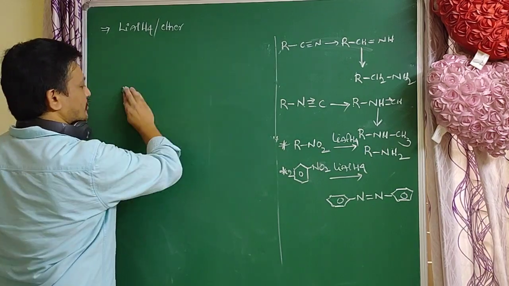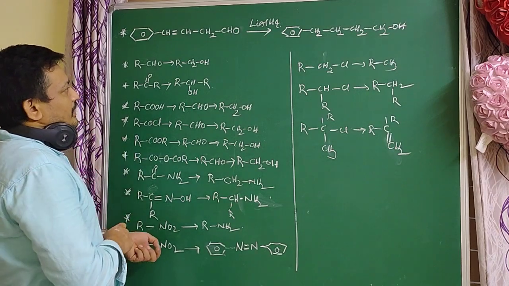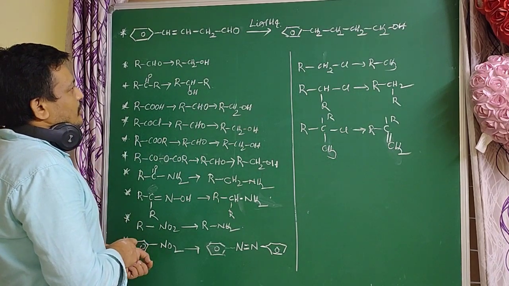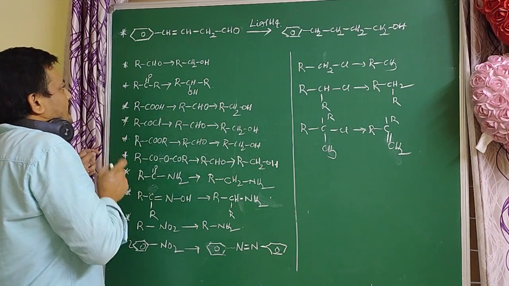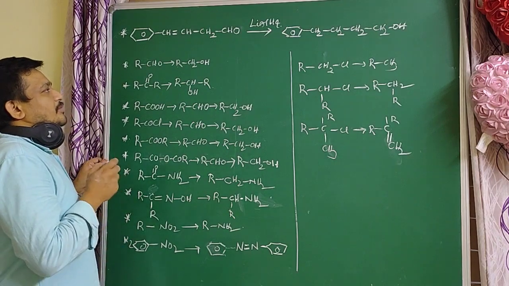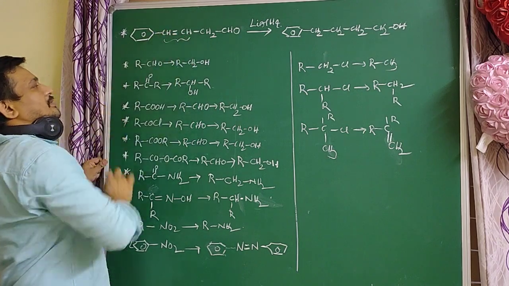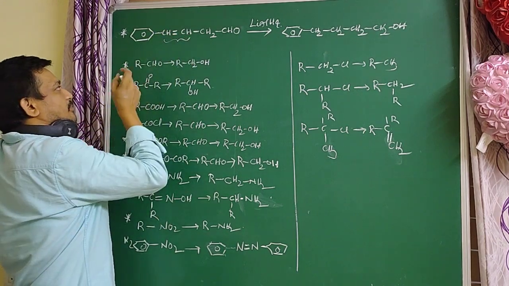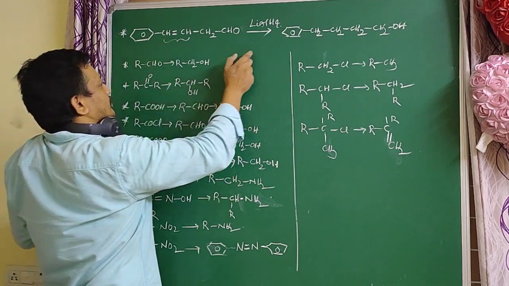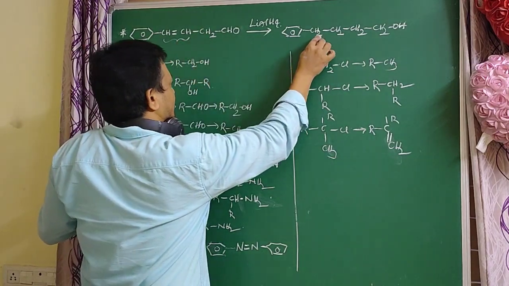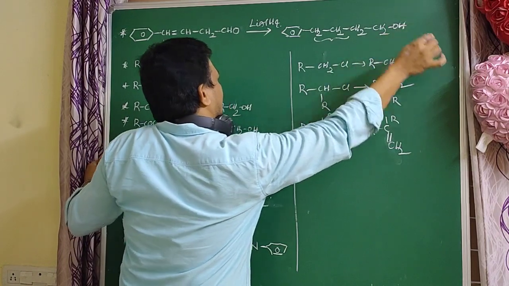It does not affect an isolated double bond, but it does affect a double bond very near to the aromatic ring; that is reduced by lithium aluminum hydride. So aldehydes are easily converted to alcohols.